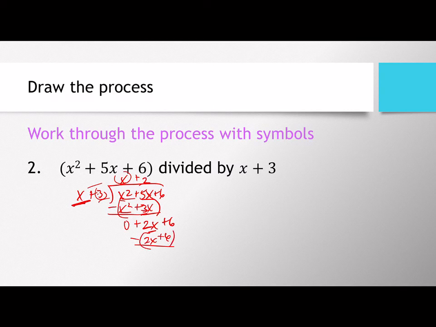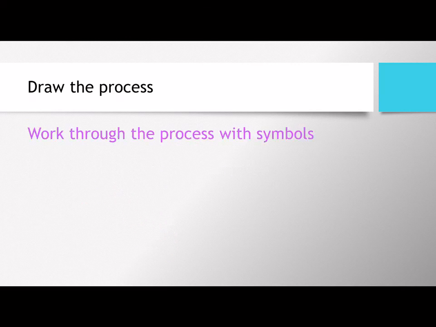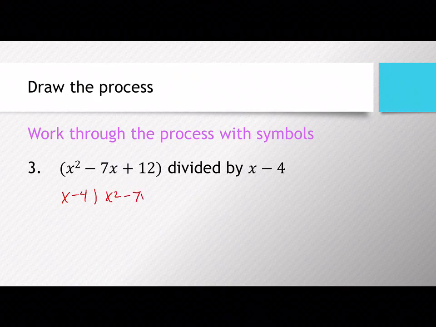We're going to take the quantity x squared minus 7x plus 12 and divide it by x minus 4. So we have our x minus 4 going into x squared minus 7x plus 12. Alright, so taking the first term by first term, x into x squared. So x times what gives you x squared?